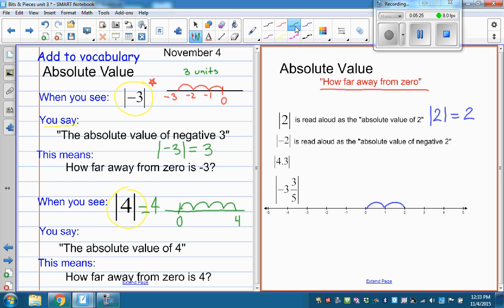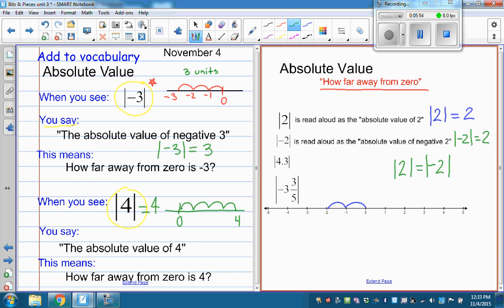And if I look at the absolute value of negative 2, it's the exact same distance. It's 2 jumps away from 0, it's just in the other direction. So what we can conclude is the absolute value of 2 is equal to the absolute value of negative 2. They're both equal to 2.